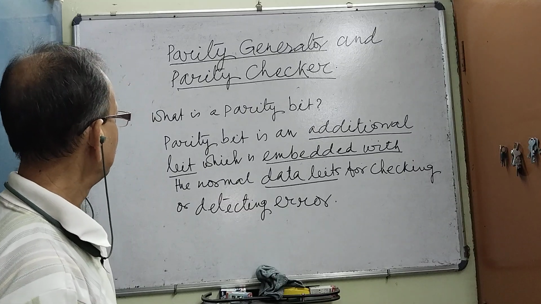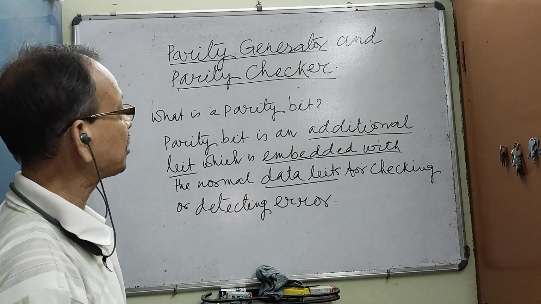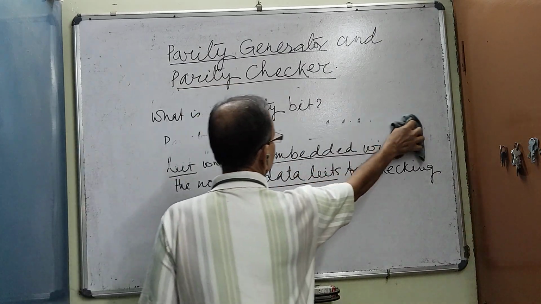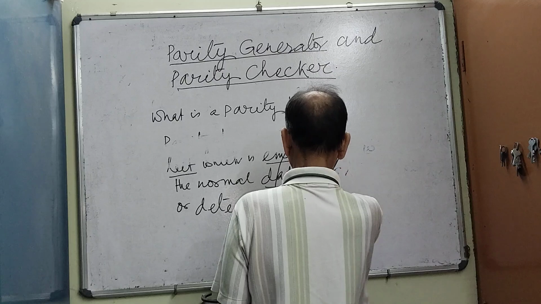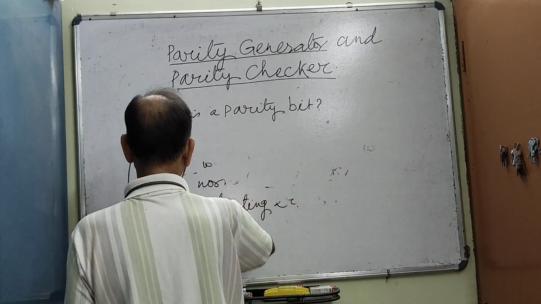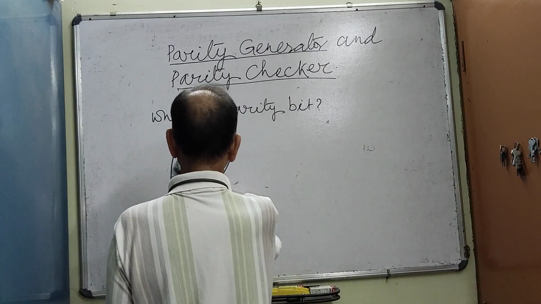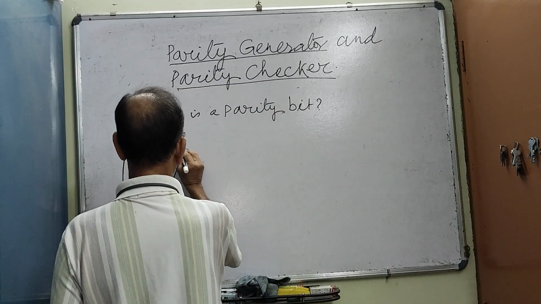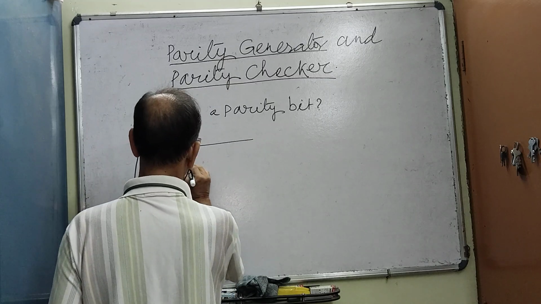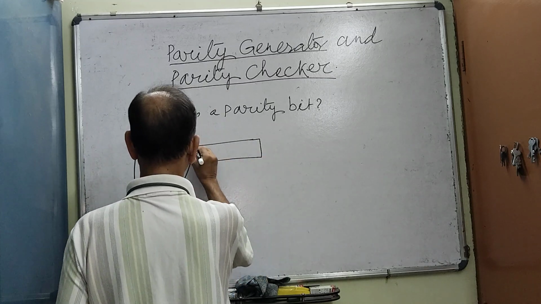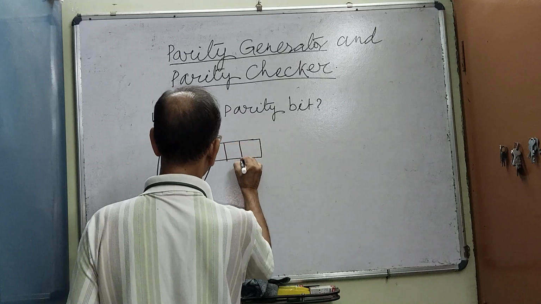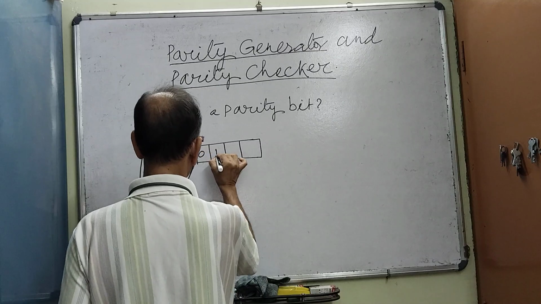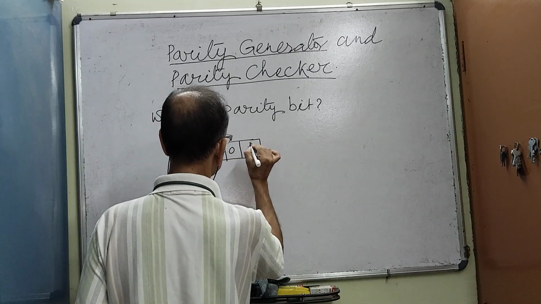Okay. So this is the parity bit, this is the extra bit. One example, suppose there are 1, 2, 3, 4, there are 5 bits 1, 0, 1, 0, and this is the parity bit.